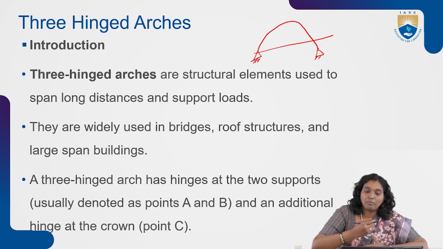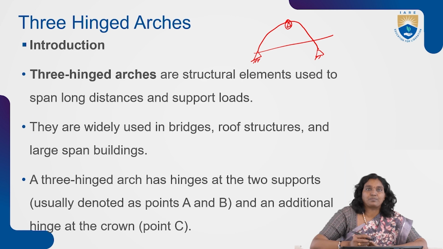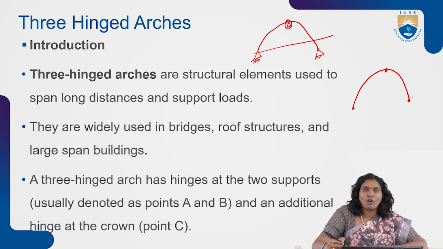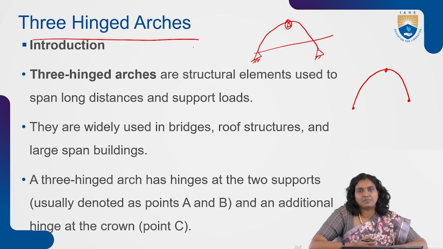And one more hinge is present at the crown. This is the arch. This is the hinge. One more is present in the arch, like this. So these type of hinges present in the arch, the number of hinges are 3. Such type of arches are known as three-hinged arches.